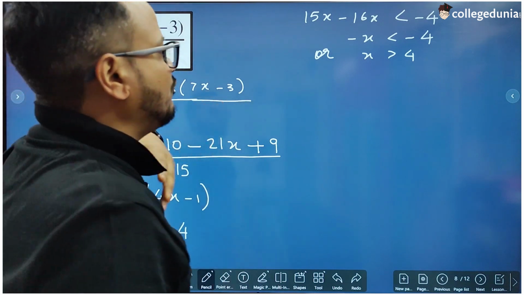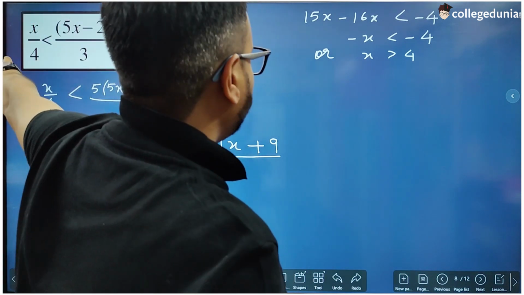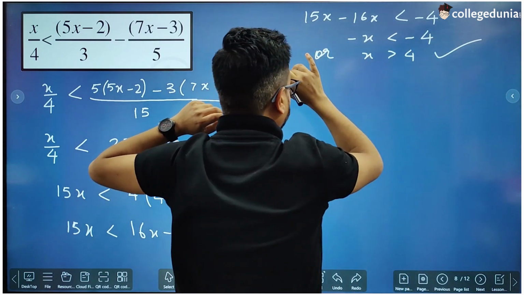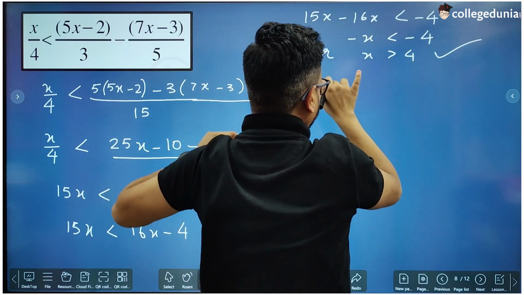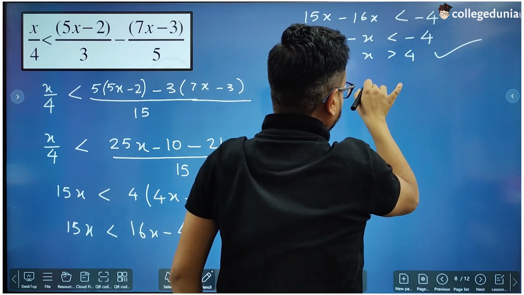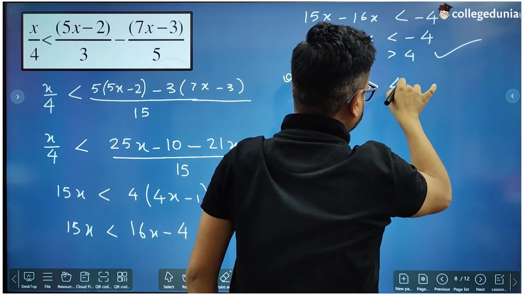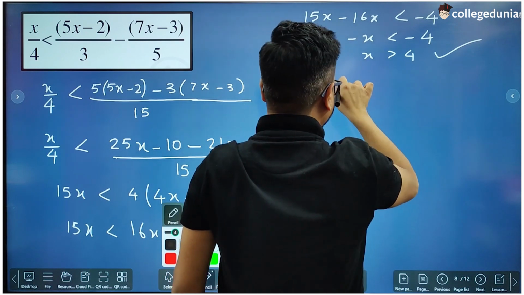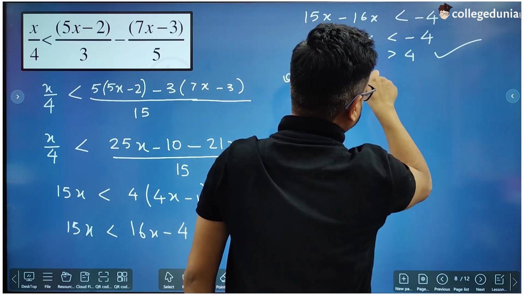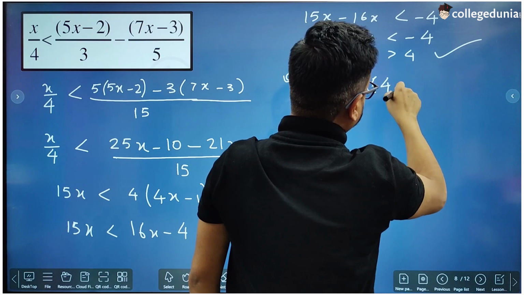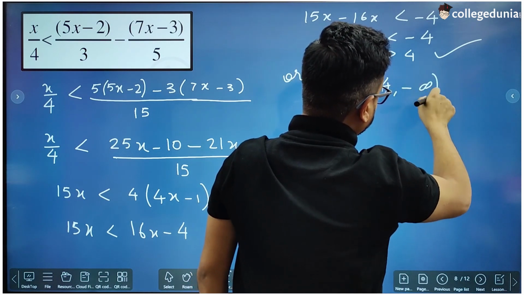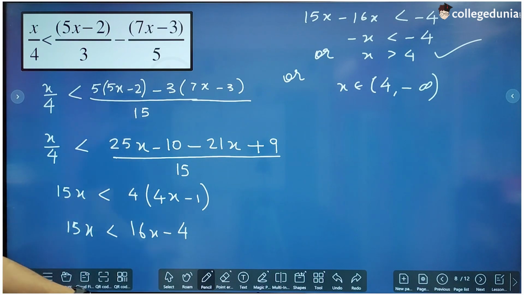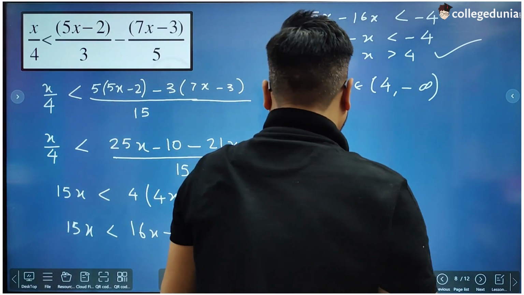So any value greater than 4 is going to satisfy this inequality. This is the first method of representing the solution, or we can write this answer as x is greater than 4, which we have already written. We will write that x belongs to the interval 4 to infinity, or we can represent this solution on the number line.